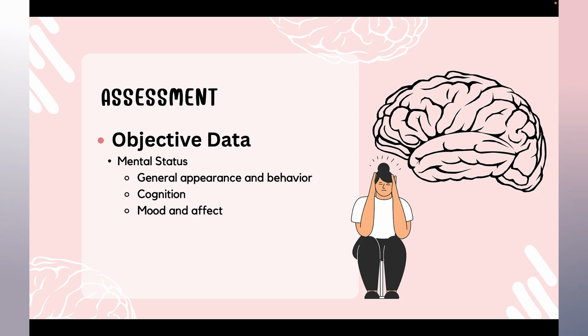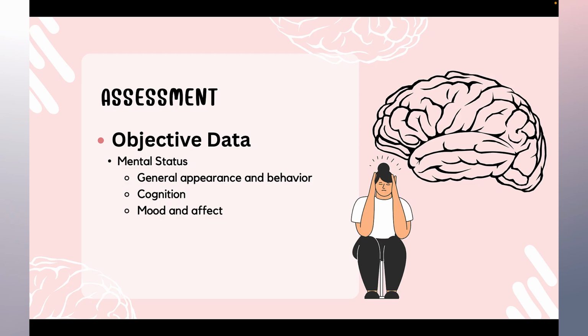Something else that we would want to assess would be their cognition and their memory. There are ways that we can do that. One of the simplest ways that this is done, typically you'll see this done at their admission assessment, you'll tell the patient, I'm going to give you 3 words and then I want you to repeat them back to me. And typically those words are apple, table, and penny. And then later on in the assessment, you'll ask them to repeat those words.